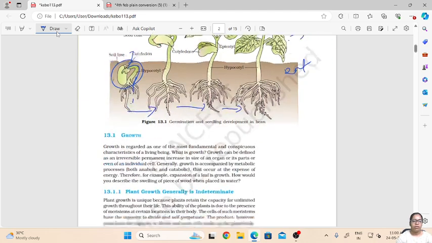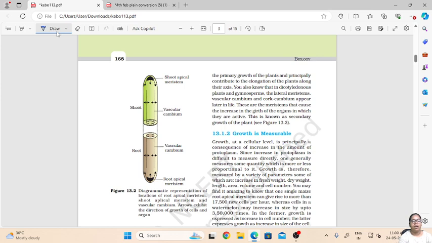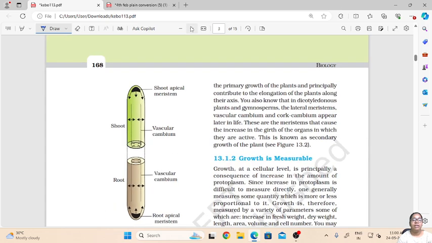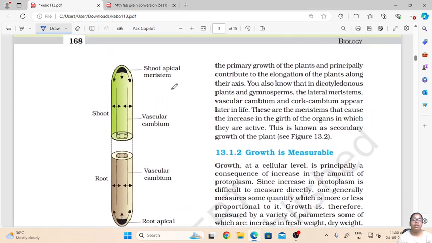So this is how the meristematic cells help in the growth of the plant. Over here in this diagram, what we can see is how the meristematic tissues are responsible for the formation of root and the shoot.